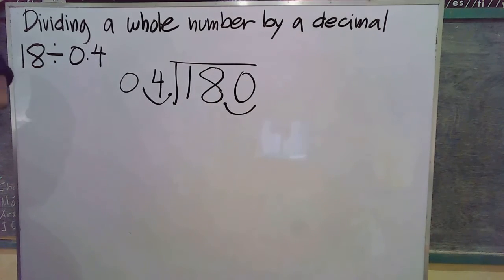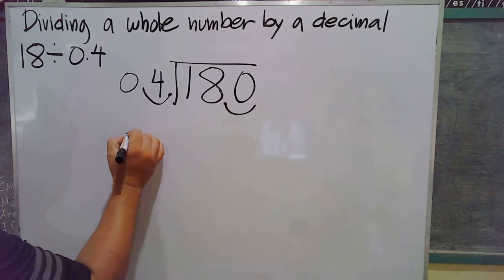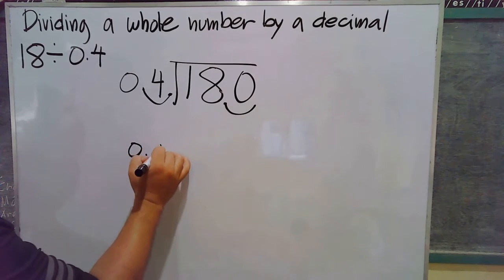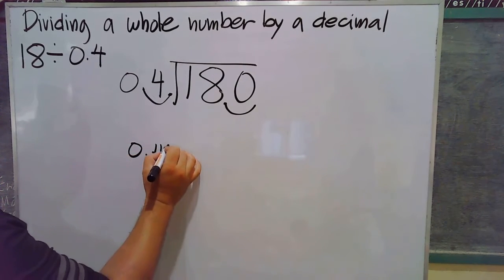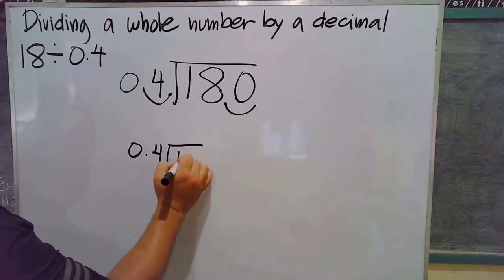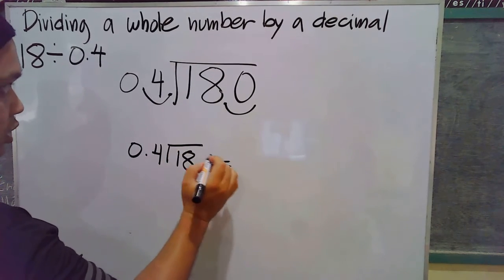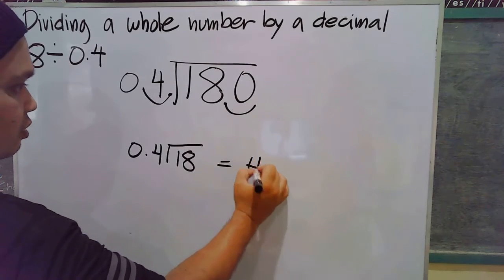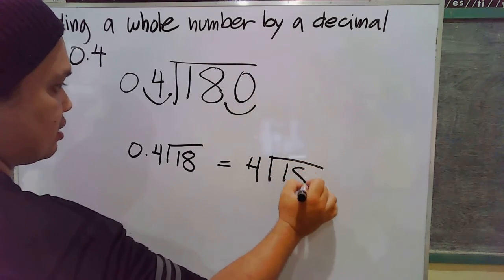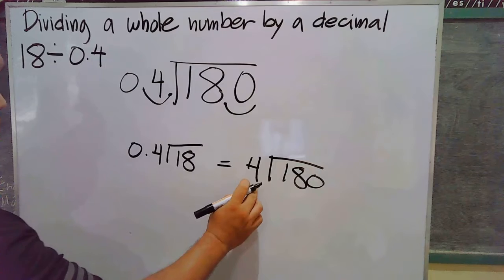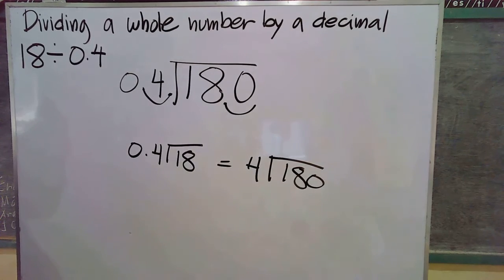So we can say 18 divided by 0.4 is equal to 180 divided by 4. They are equal.